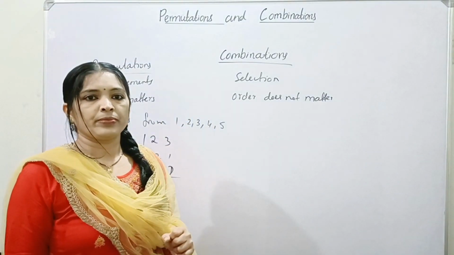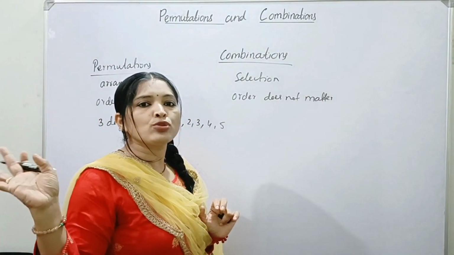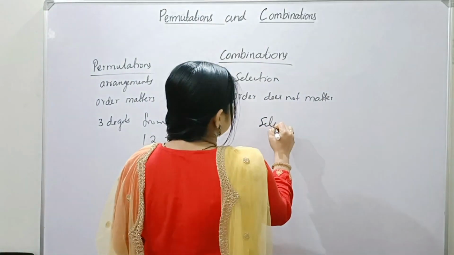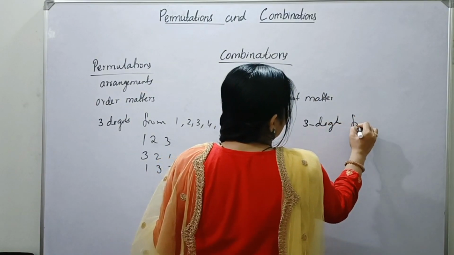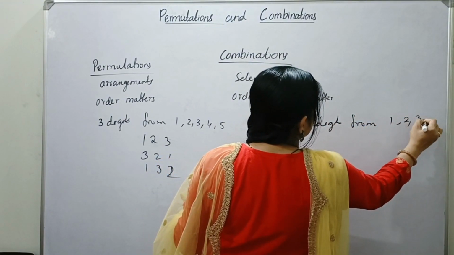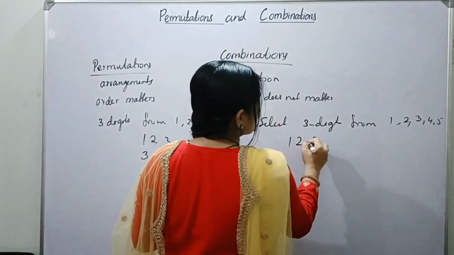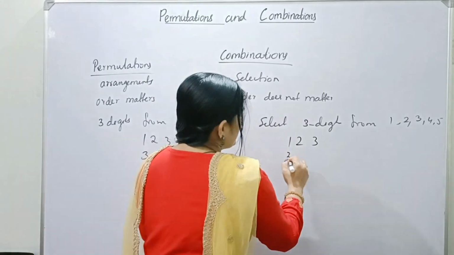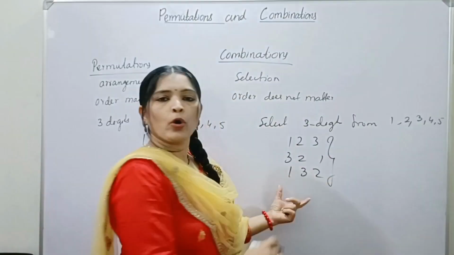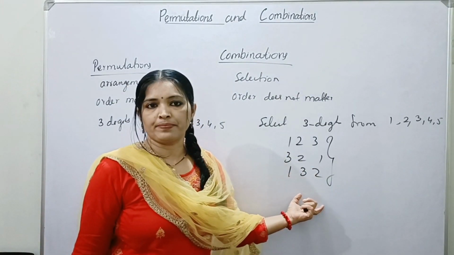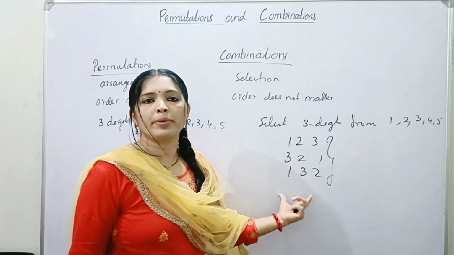Now in combinations, select 3 digits from 1, 2, 3, 4, 5. If we write 1, 2, 3, 3, 2, 1, 1, 3, 2, these are the same, because order does not matter. 1, 2, 3, 3, 2, 1, 1, 3, 2 are the same in combinations.